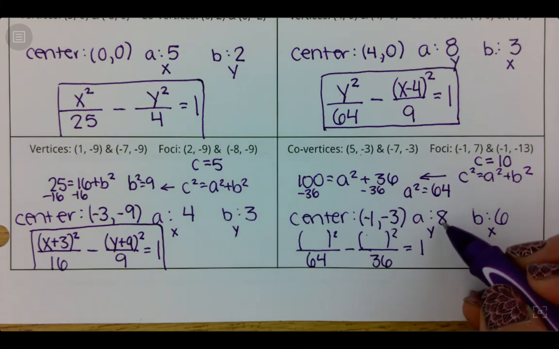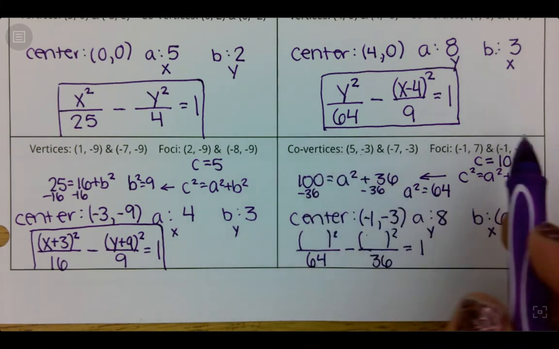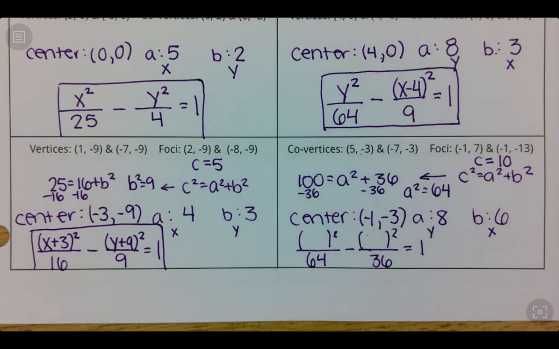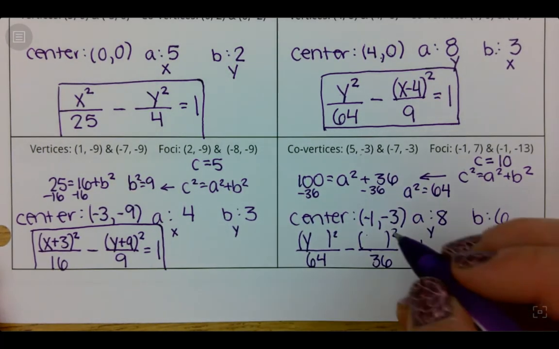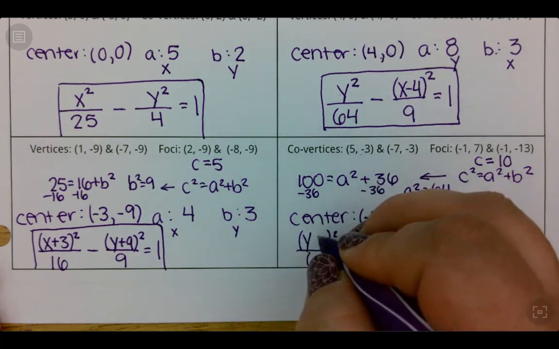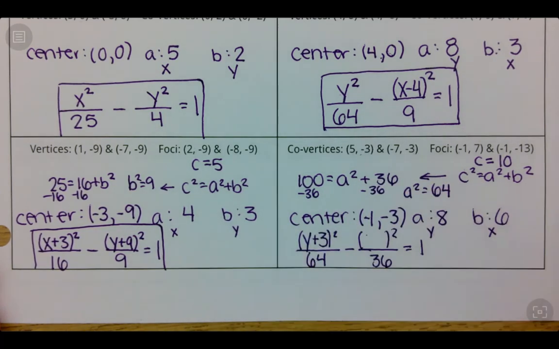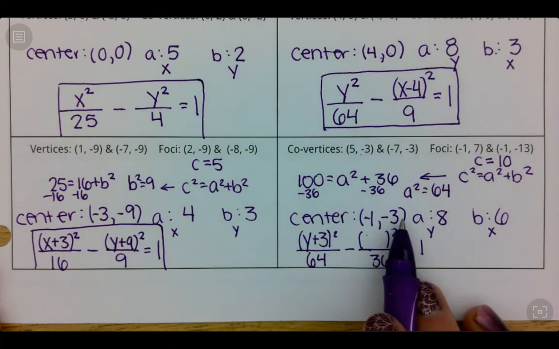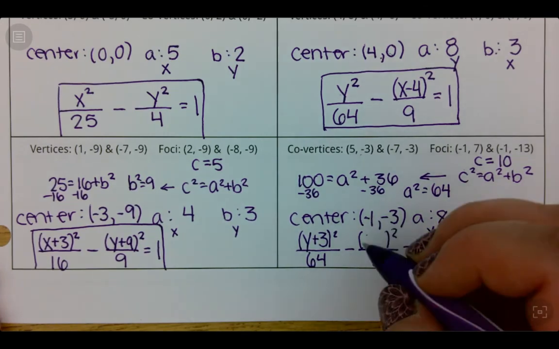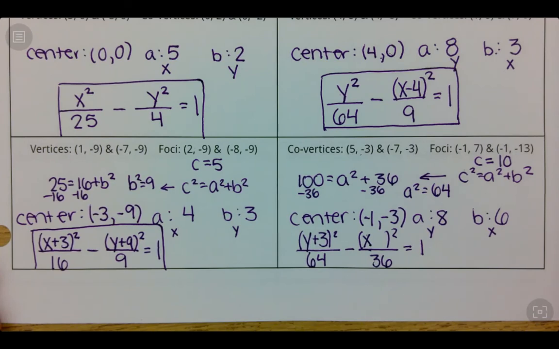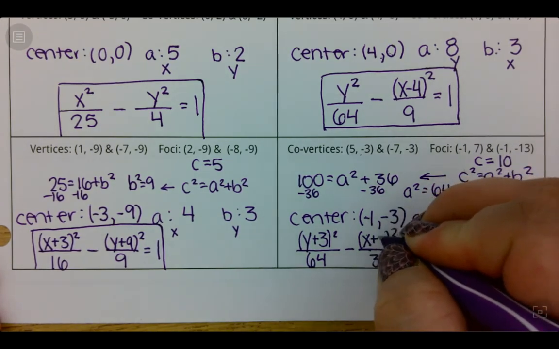Because this 8 was a change in the y's. We couldn't really see it up here. It was on the vertices, which we don't have. So I need to put y here, and the y part of the center was -3, so it's going to be y plus 3. The 6 was with the x's, so it goes above the 36. And since the x part of the center was -1, I put plus 1.